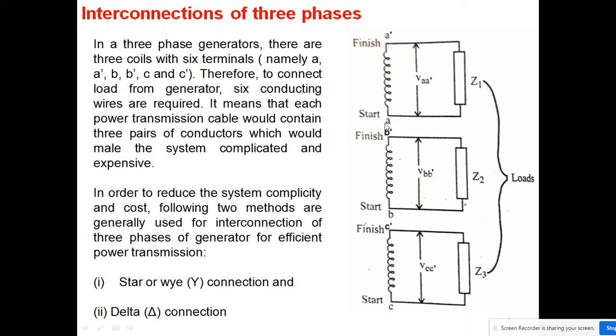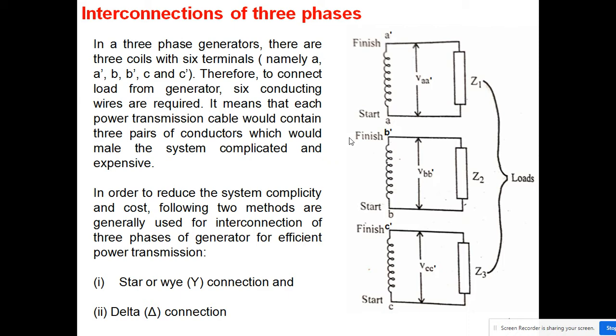When we are talking about the interconnection of three phases, when we have the three phase supply from our synchronous generator and we want to connect the supply to the load, basically if we have three coils, it means we have six terminals: A, A dash, B, B dash, C, and C dash. So to connect the load to the generator, we require six connecting wires. It means each power transmission cable would contain three pairs of conductors, which would make the system complicated and expensive.